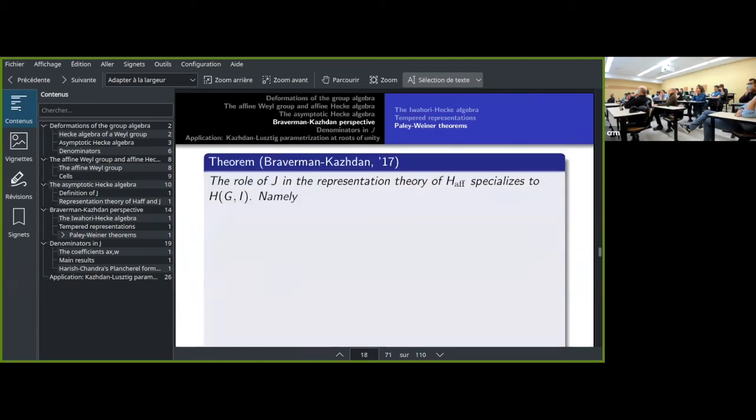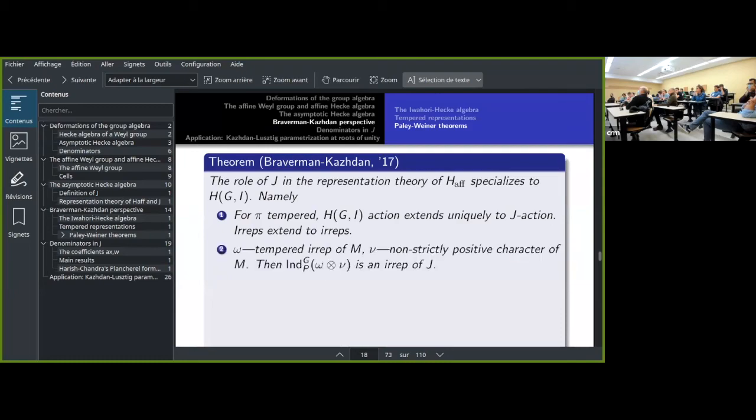The theorem that powers this is a description due to Braverman-Kazhdan of the ring J in terms of p-adic groups. Namely, if you have a tempered representation, the Iwahori-Hecke algebra action extends uniquely to a J action, preserving irreps. And this defines a map from J to the Schwartz algebra.